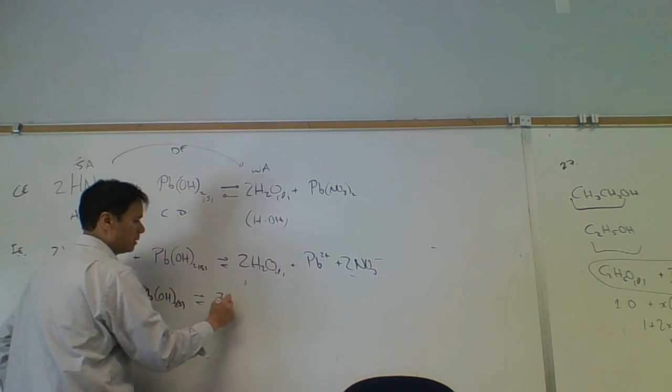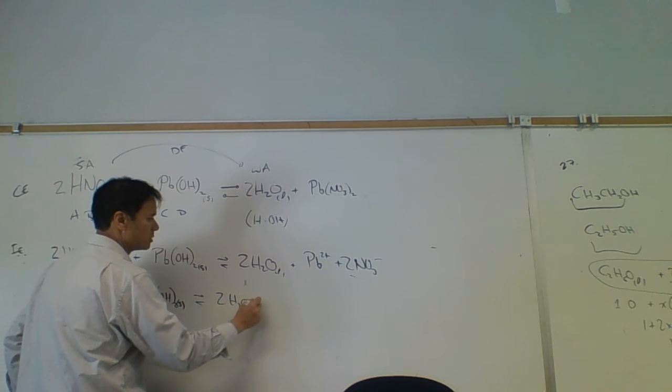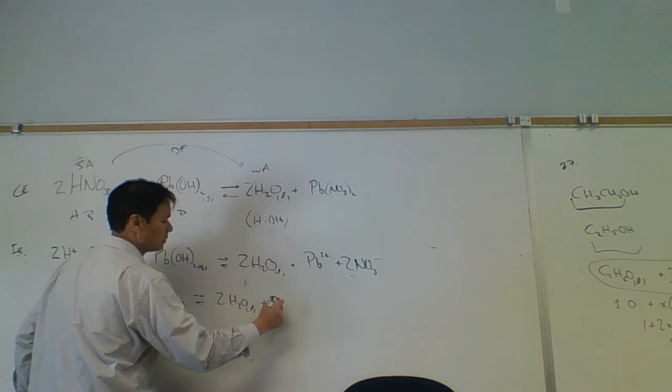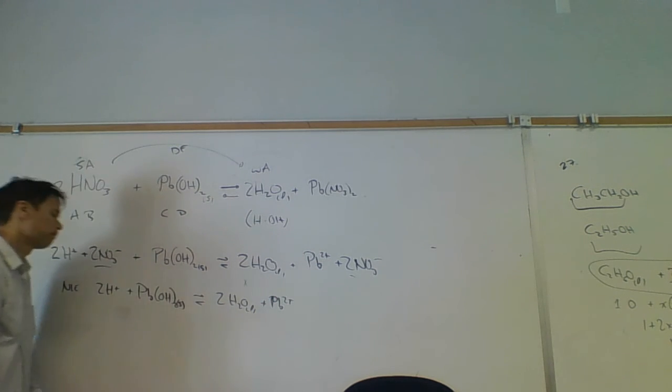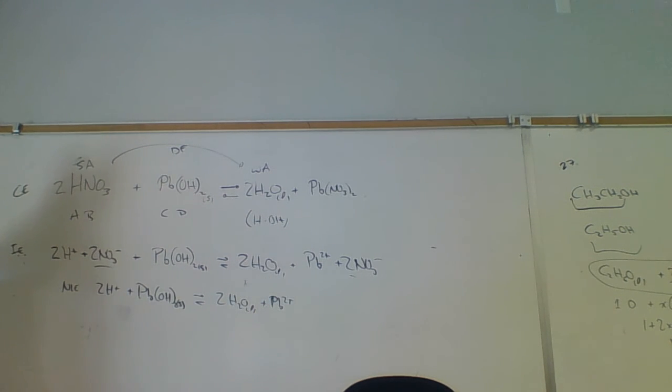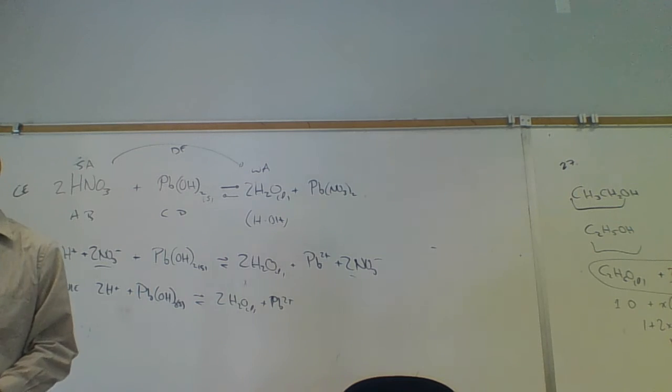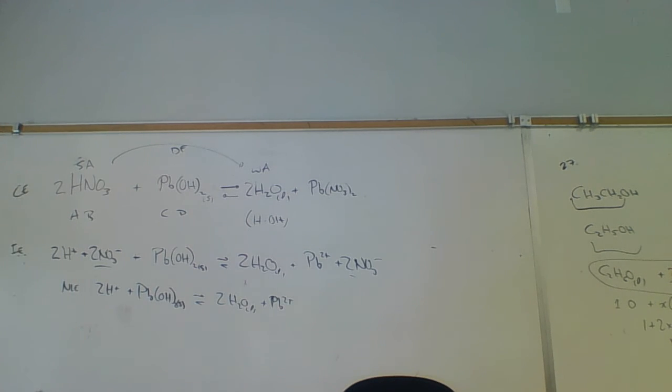And this is going to break apart that lattice to form lead 2 ions. So it's the hydrogen ions. The hydrogen ions are going to help break apart that lattice by reacting with the hydroxide ions, and in the process forming stable water molecules.